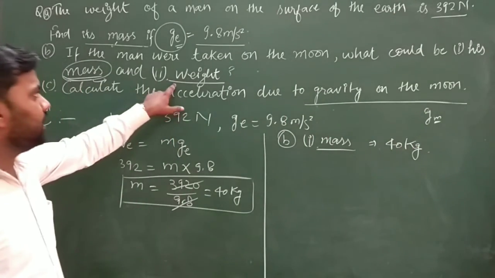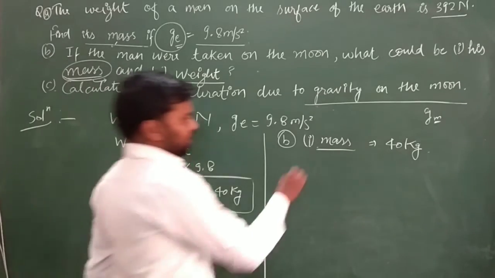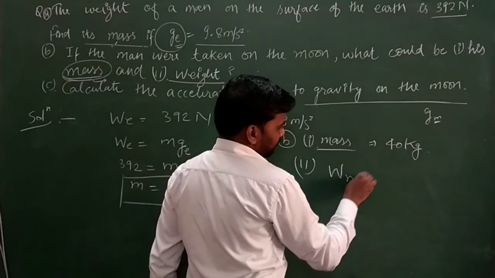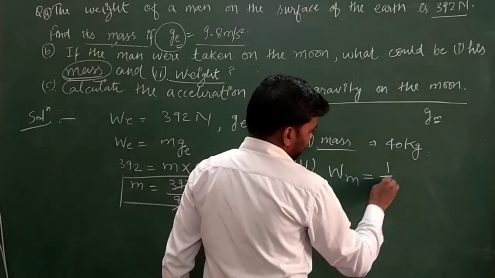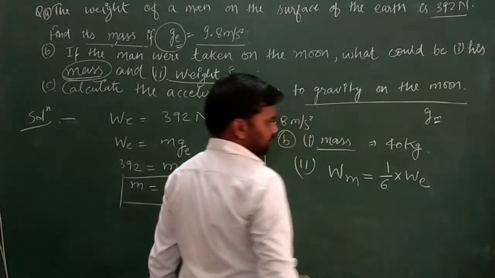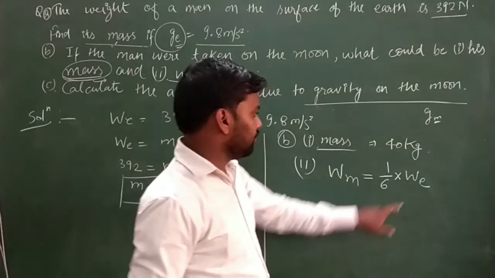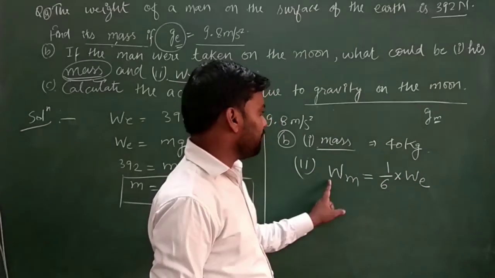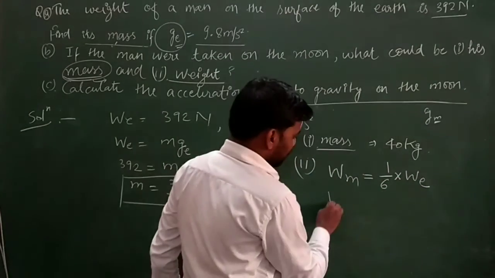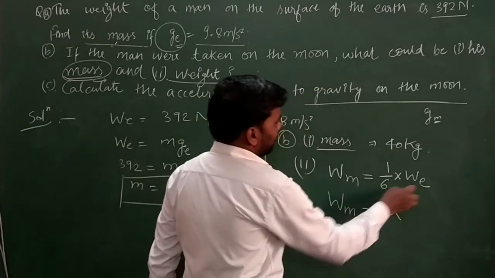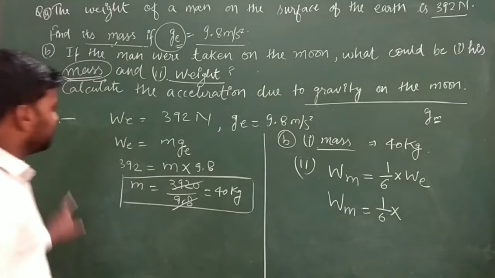Now the next is weight on the surface of the moon. We know that weight on the surface of the moon is equal to 1/6 of the weight of the person on the earth. Whatever the weight of that person is, we will put it here, and we will find out his weight on the moon. So weight on moon will be equal to 1/6 multiplied by weight on earth. What is the weight on earth?